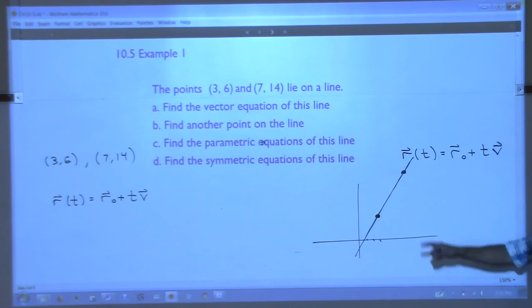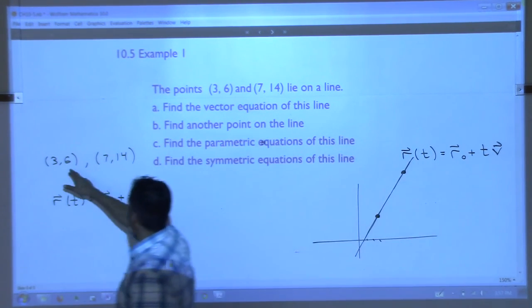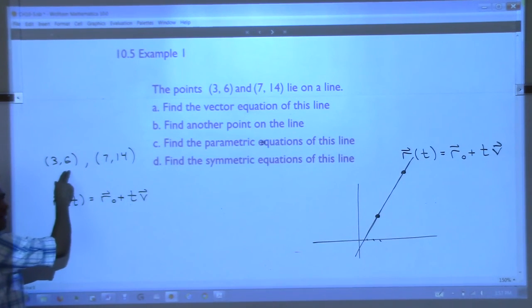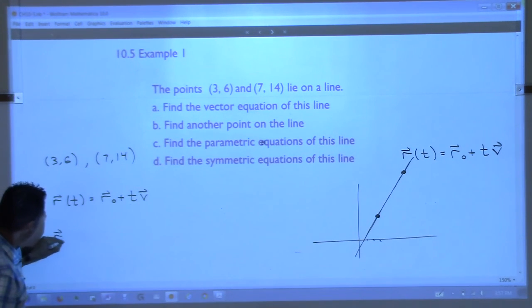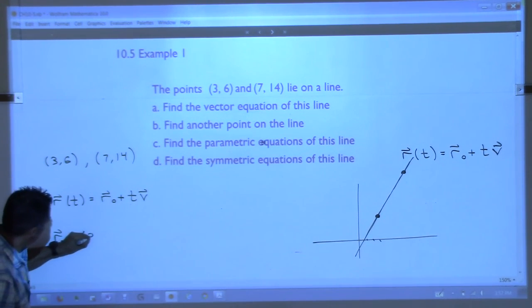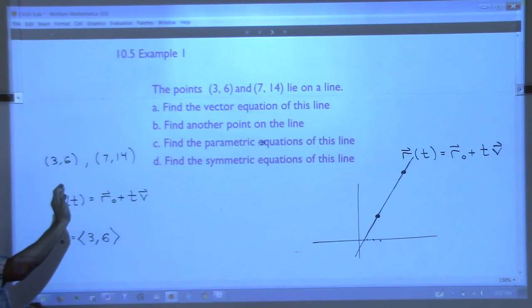Okay, so R0 is going to be what? We can use either one of these points, and that will convert that point into a vector, and that will be our R0. So our R0 will be the vector (3, 6), and that gets us started. That takes us up to the line.